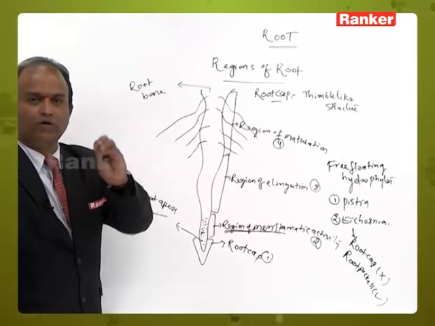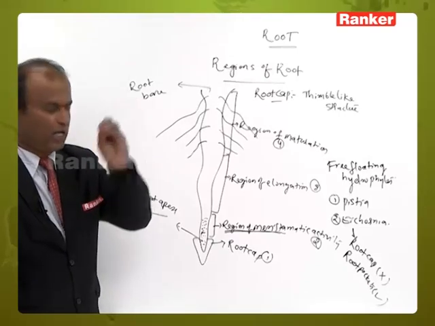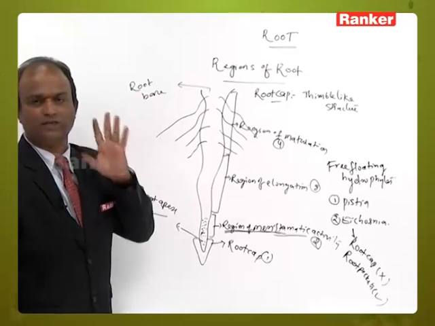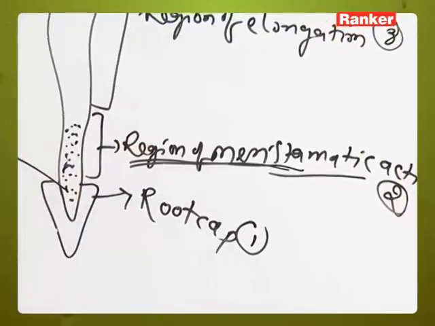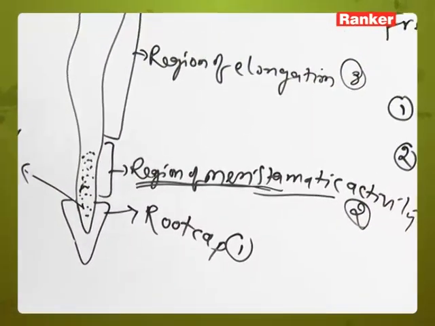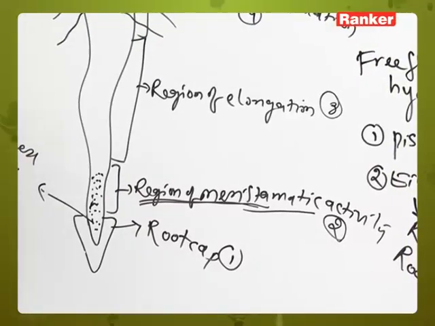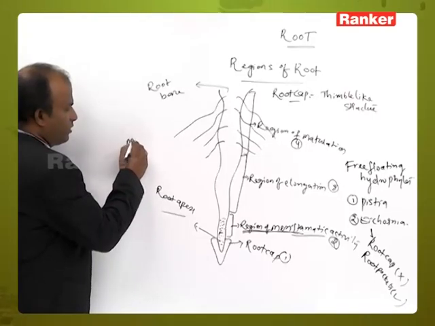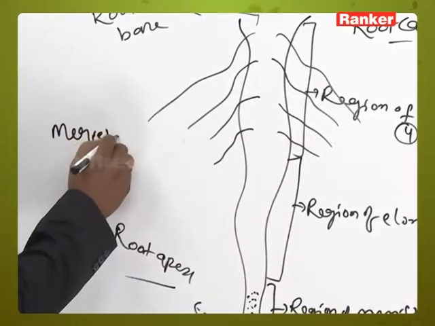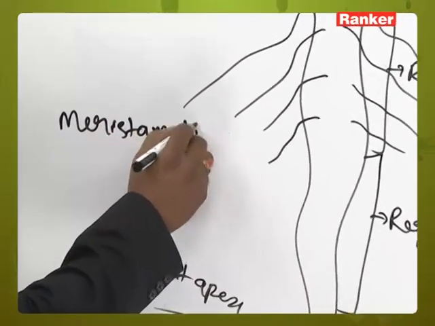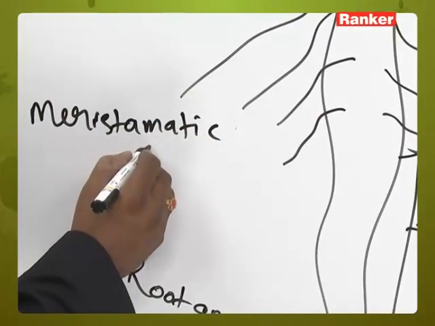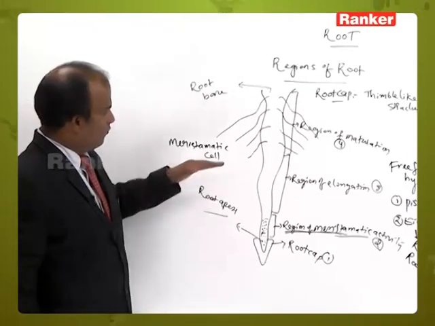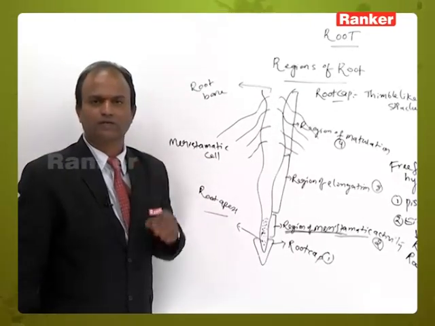Now, a few millimeters above the root cap, region of meristematic activity is present. This region of meristematic activity shows the cells known as meristematic cells, a group of cells. What is meant by meristematic cell?